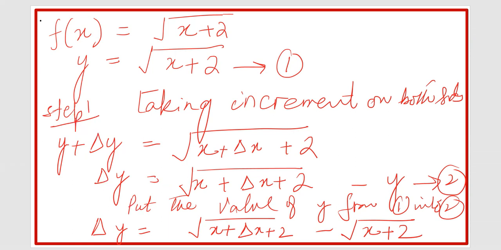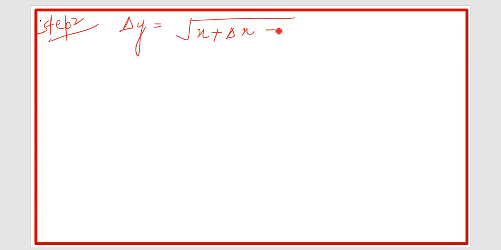Now I am going to start step number 2. And in step number 2, we will solve this equation. So on the left hand side of the equation we have delta y, which is equal to square root of x plus delta x plus 2, and here minus square root of x plus delta x.